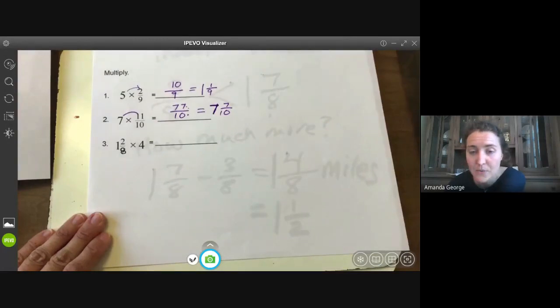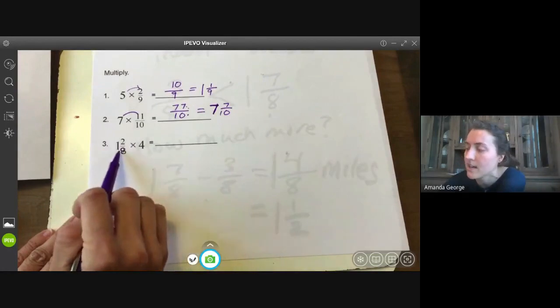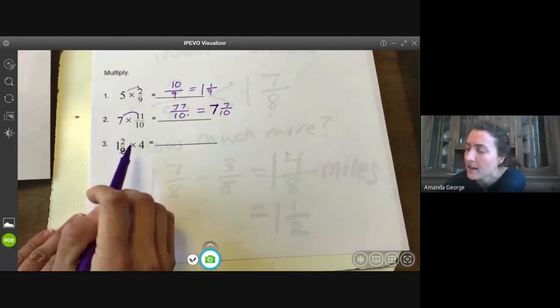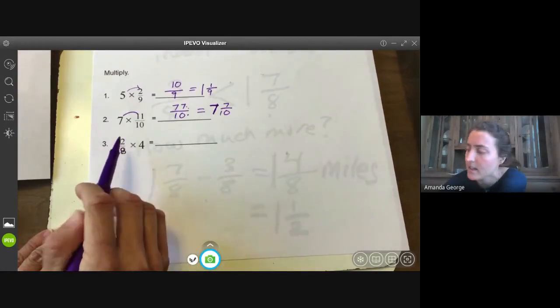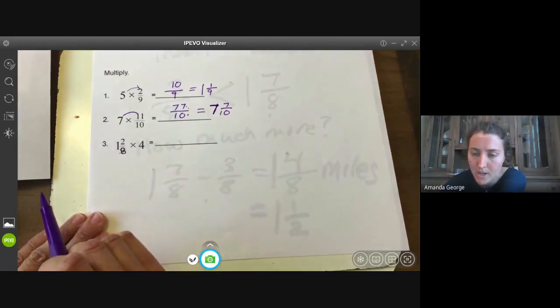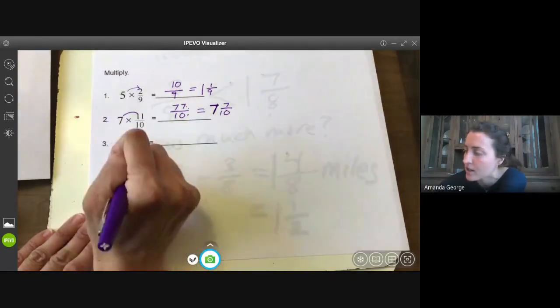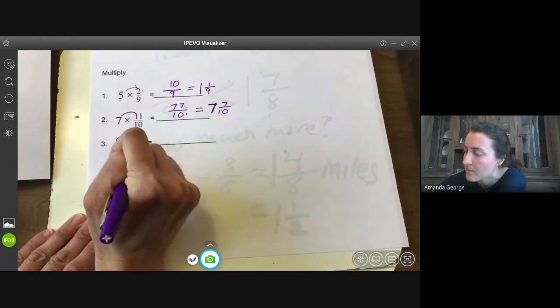Okay, and the last one I'm going to show you, because we're going to do a ton of these tomorrow, but sometimes you will see a mixed number times a whole number, and in that case, you want to multiply both the whole number and the fraction. So let me show you what I mean.